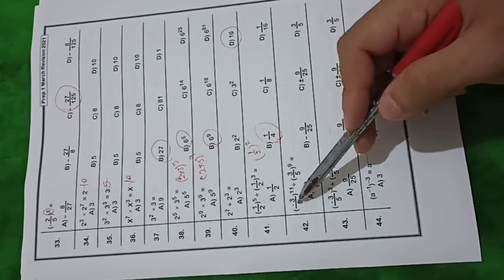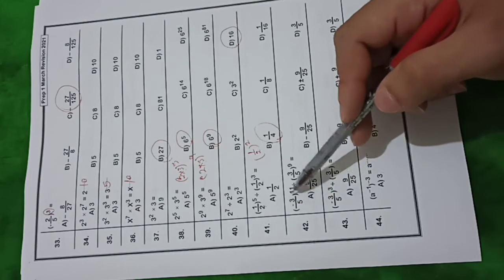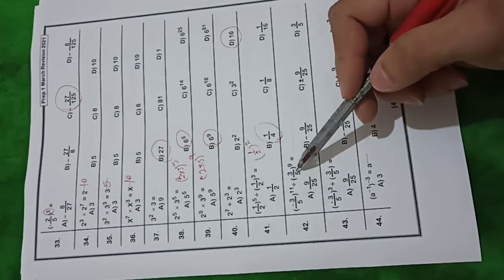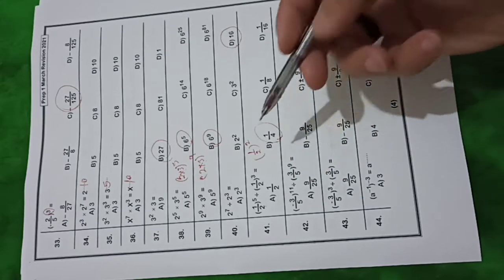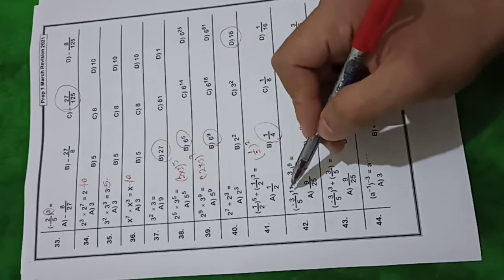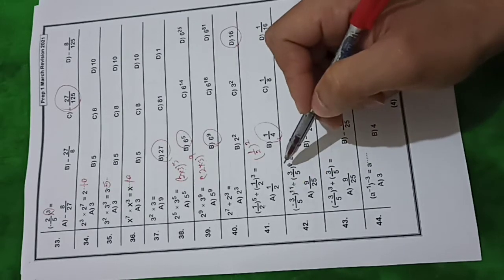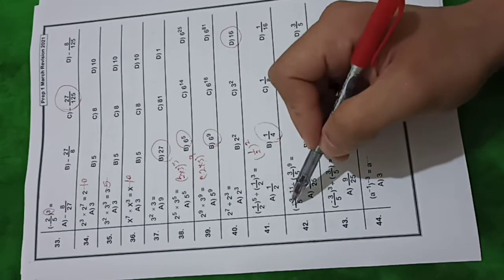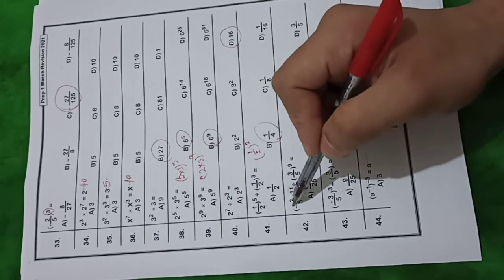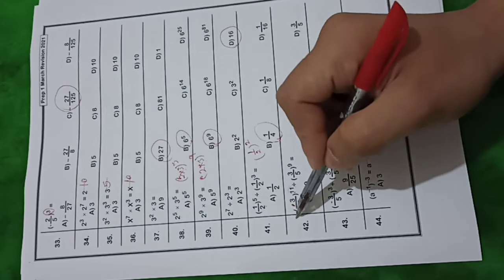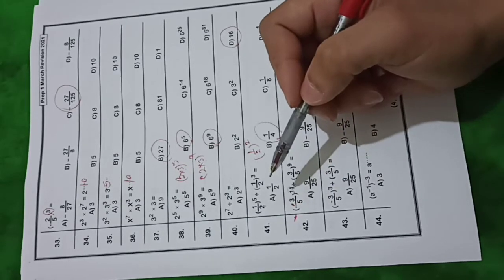Next one, negative 3 over 5 raised to power 11 divided by 3 over 5 all power 9. Here we have odd powers. 11 and 9 are odd powers. So we take this negative sign from the bracket, and we write it outside the bracket.